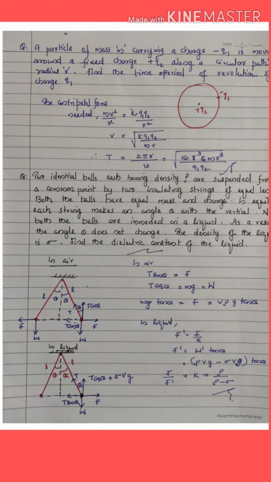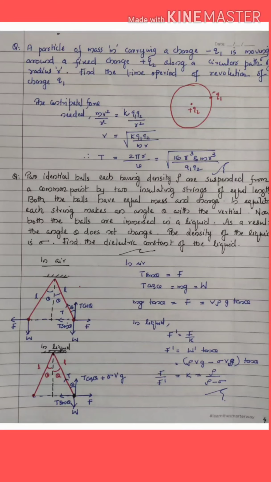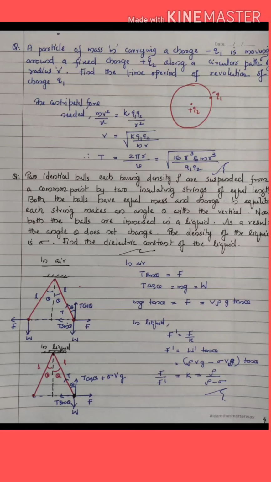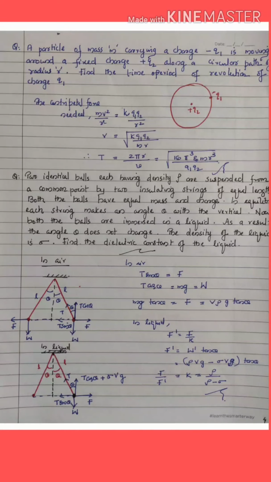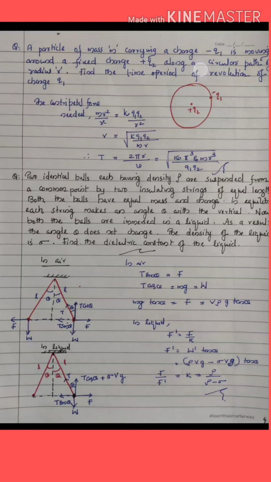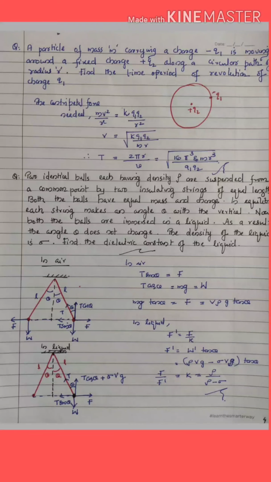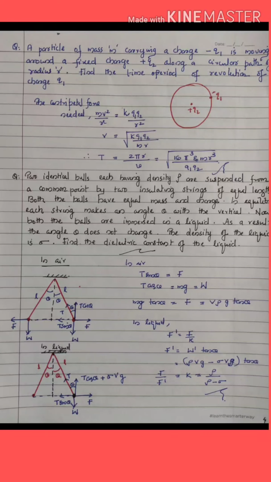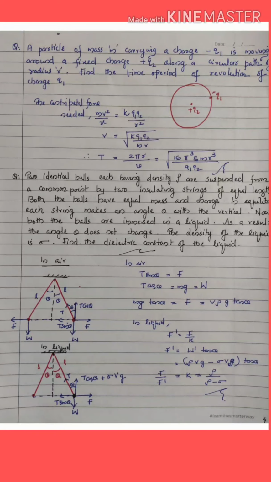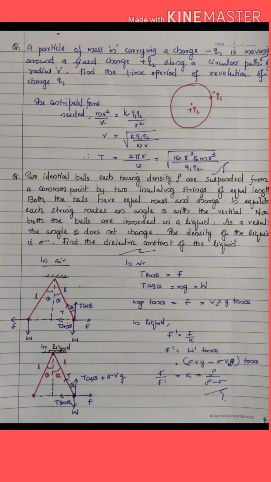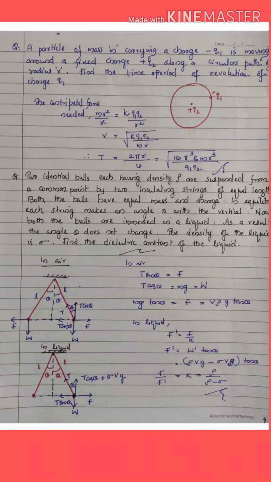A good question. Another one: a particle of mass small m carrying a charge minus q1 is moving around a fixed charge plus q2 along a circular path of radius r. Find the time period of revolution of charge q1. Here two oppositely natured charges are in circular motion, so there should be a centripetal force, given by the electrostatic force of attraction between the charges.